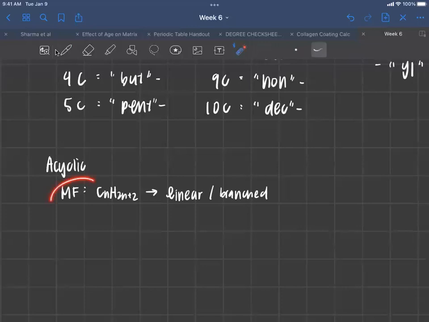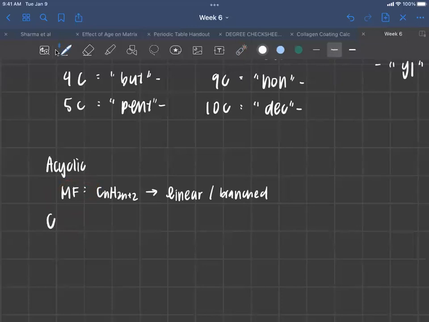This molecular formula, we don't have to memorize. Whenever we see the name of the molecule, we can already know if it's acyclic or cyclic. But it's just kind of a neat equation that the textbook had, so I wanted to go ahead and provide that.